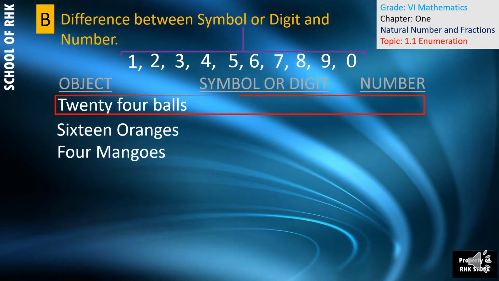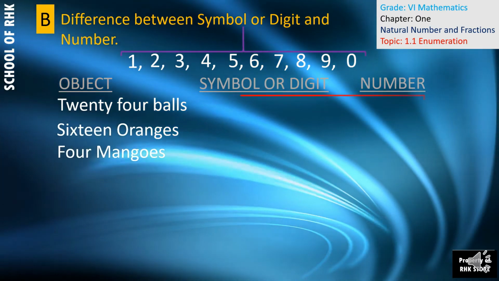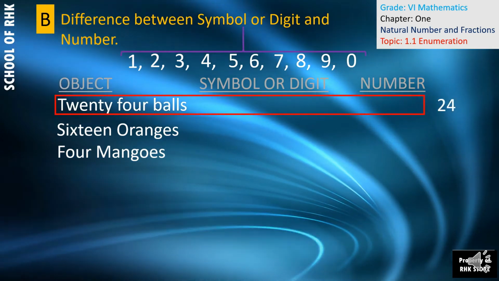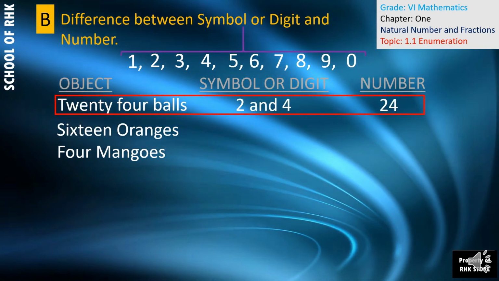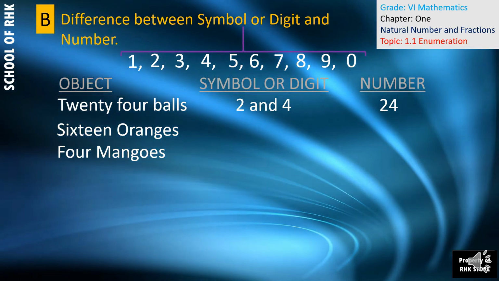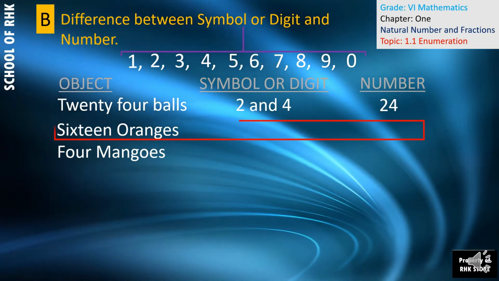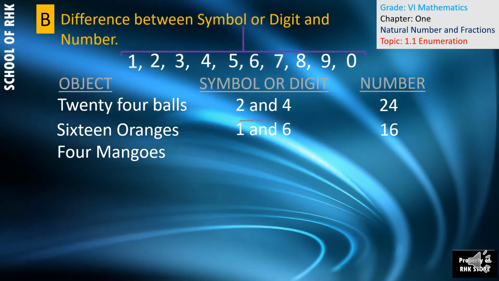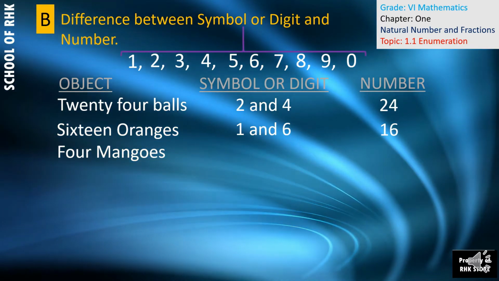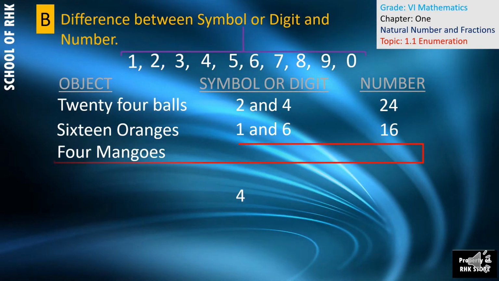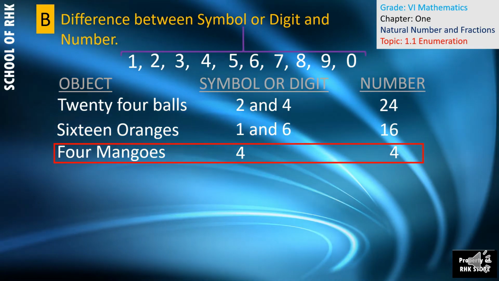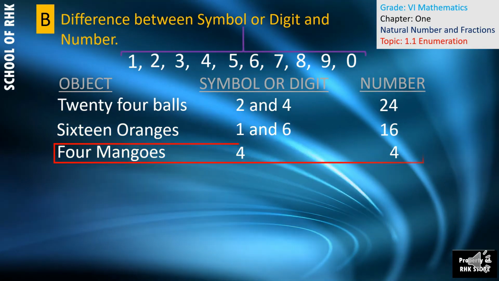If we express 24 balls in numeric value, we can write 24 using 2 and 4 symbols. We can write 16 oranges using 1 and 6 symbols. And using the 4 symbol, we can express 4 for the numeric value of 4 mangoes.